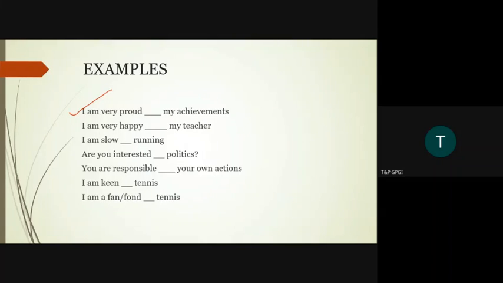So of course I am proud, but what is that blank space? I am proud of my achievements. Here, of will come. Okay, so of is nothing but a preposition, and proud over here is nothing but an adjective.